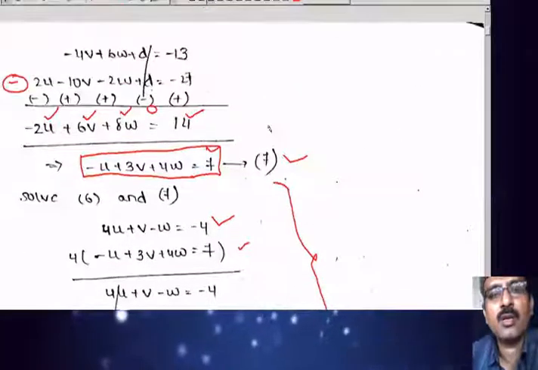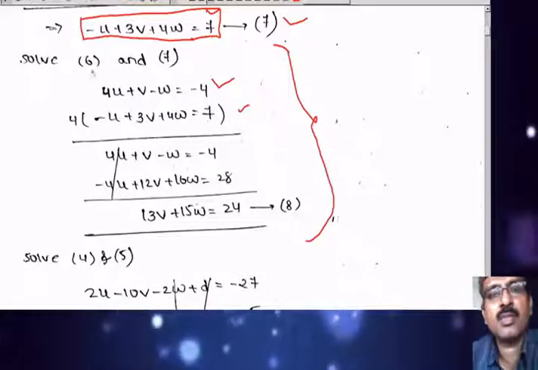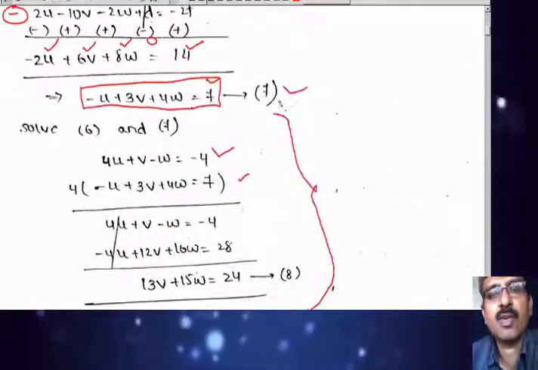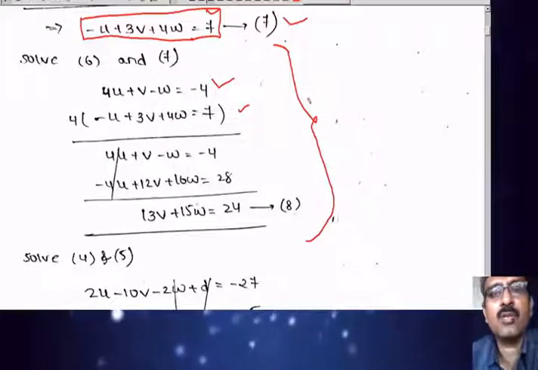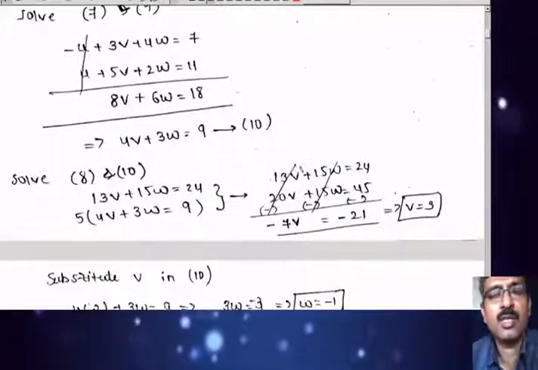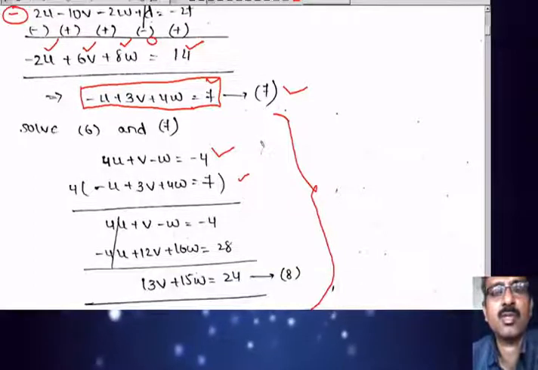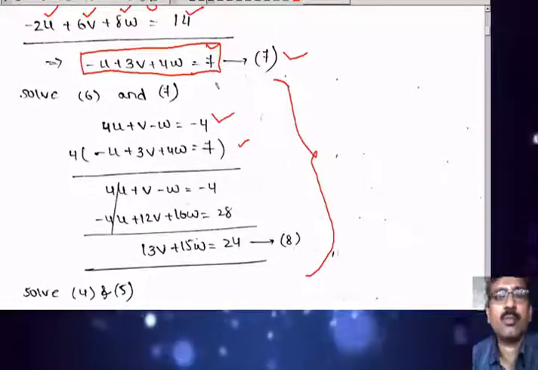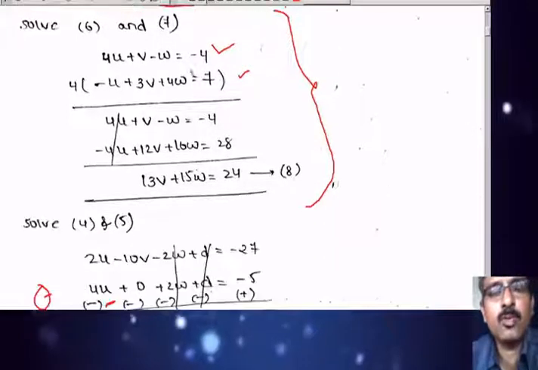Here we have taken 6 and 7 equations. Of course, we can do this portion at this place also, or we can do it in this place also. Now we are taking 2 equations having u, v, w.